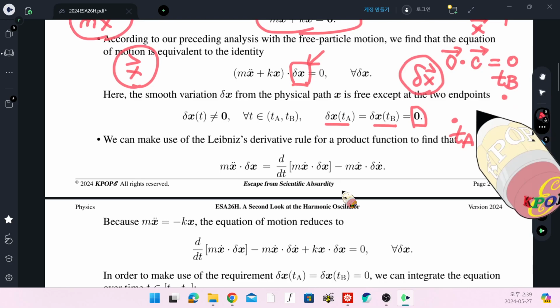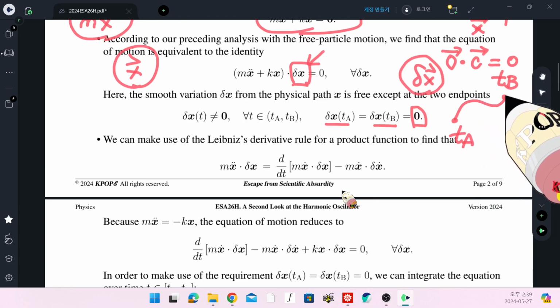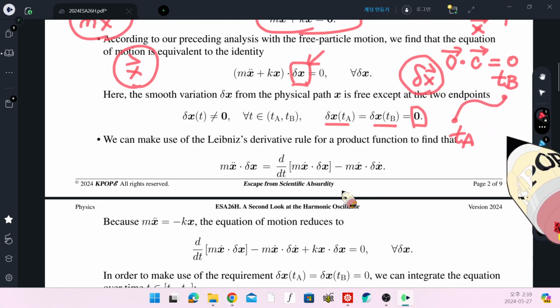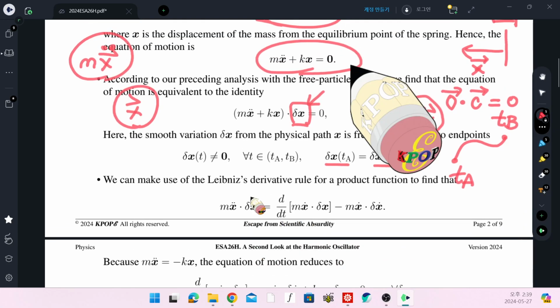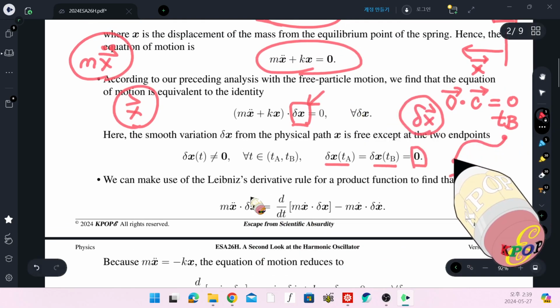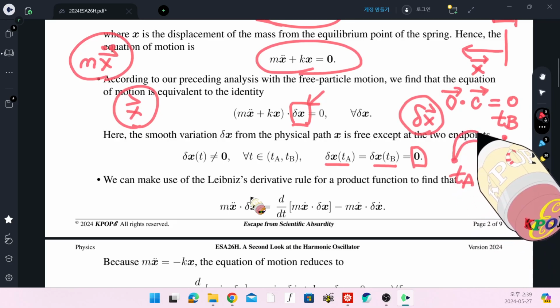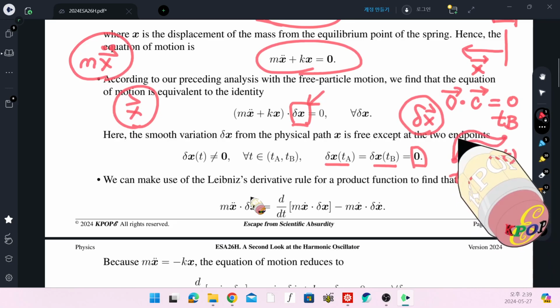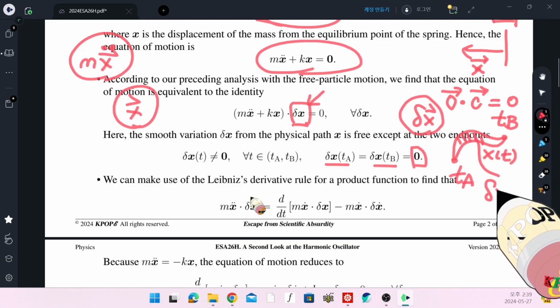That means if this is a path that is physical, meaning it satisfies the equation of motion, x of t, and we deviate it by a little amount, this is delta x of t.